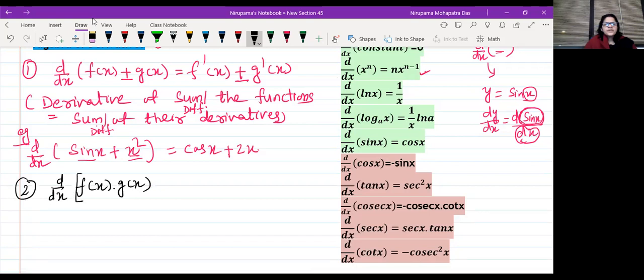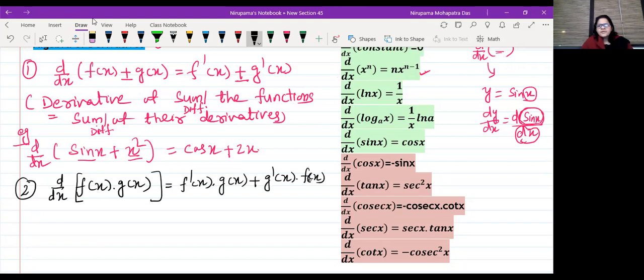In case of limits, limit of the product of the functions equal to product of their limits. And here it is a bit different. So d by dx of fx into gx, that is f dash x into gx plus g dash x into fx.